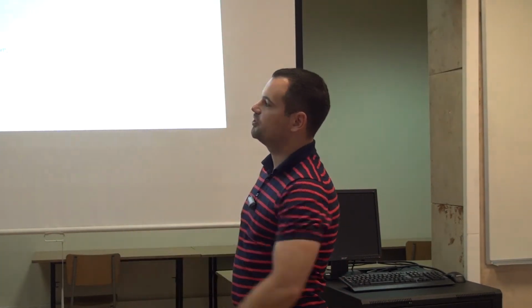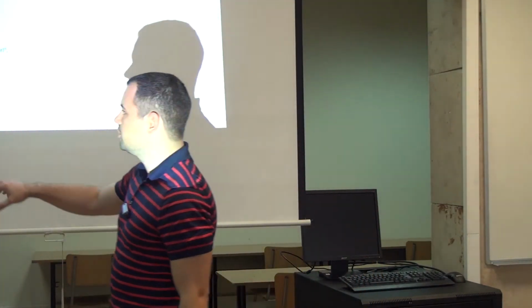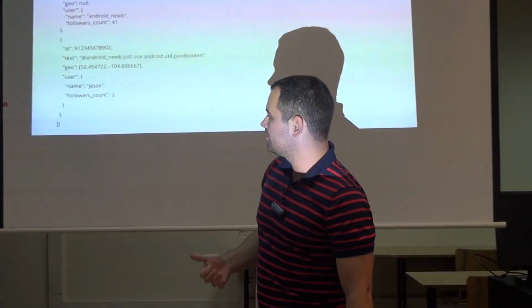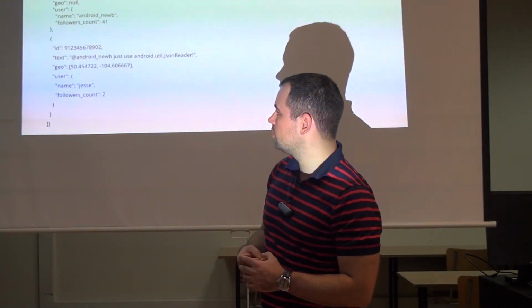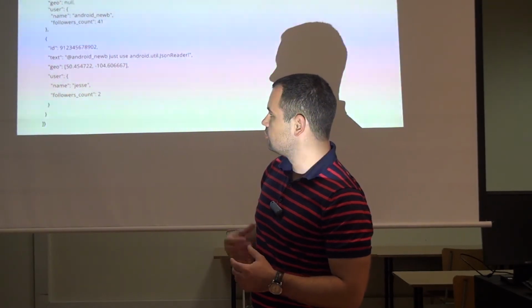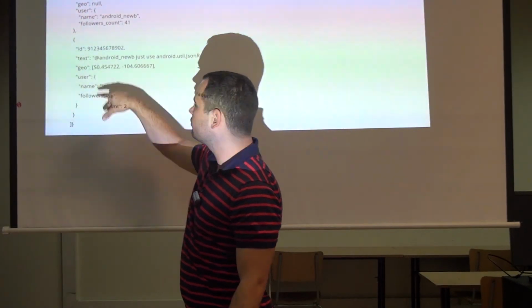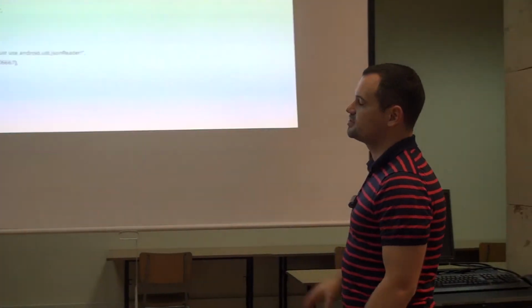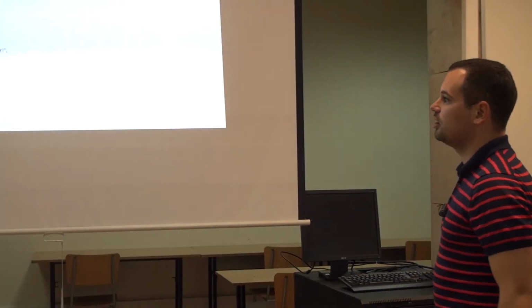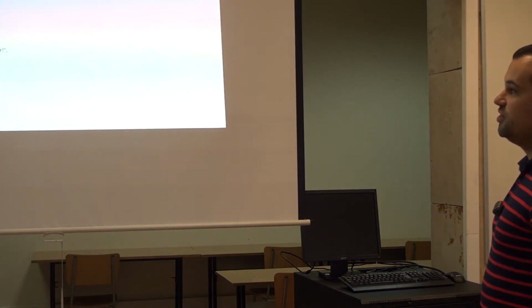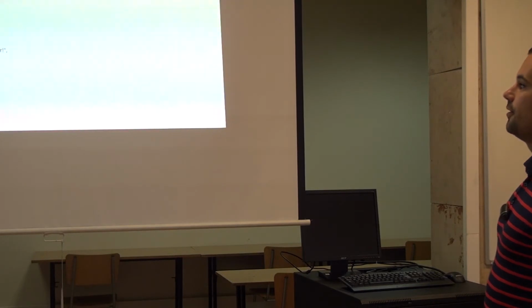You can also have an object with just one property. If here in the geo we wanted to have more complicated objects, we should have curly brackets and put some other properties in them. So this is the JSON format.